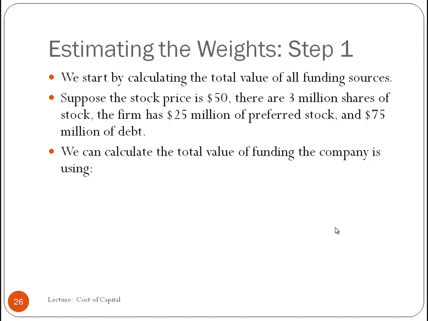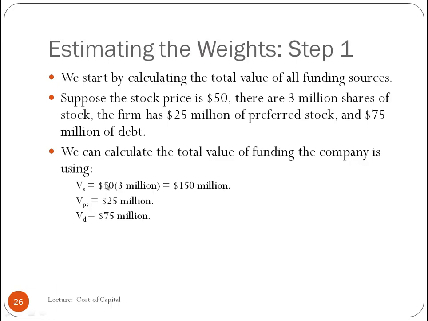So we can calculate the total value of funding the company is using as follows. The value of the stock is $50 times 3 million shares, or $150 million. The value of the preferred we're told is 25, and the value of the debt is 75.